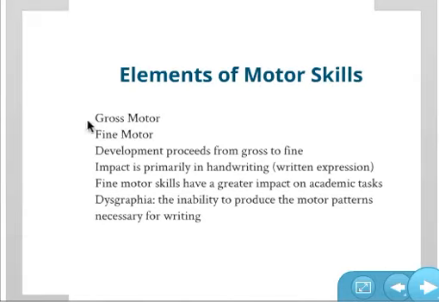Basic elements of motor skills: there are gross motor skills, or large movements, and fine motor skills, fine movements like needle and thread. Generally, development moves from gross motor to fine motor. So younger kids don't have great fine motor skills and develop them slowly, and certainly develop them across a range or a scale.